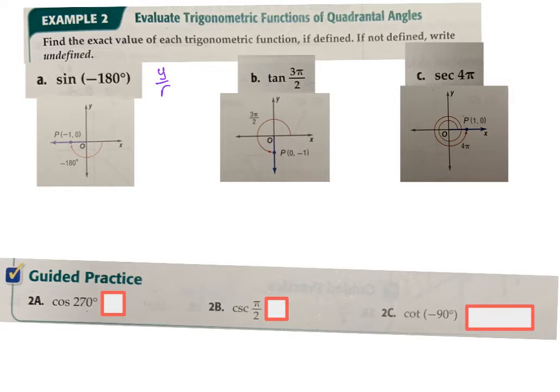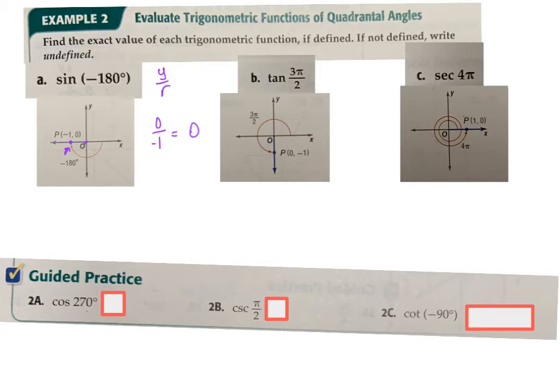What is my y value right here on the x-axis? 0. What is my radius? Negative 1, because it fell on this point right here. So that's the distance from my center. So 0 over negative 1, my sine here is 0.